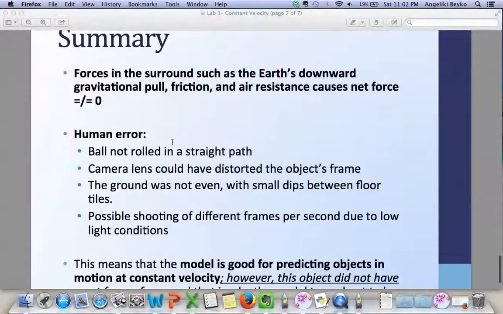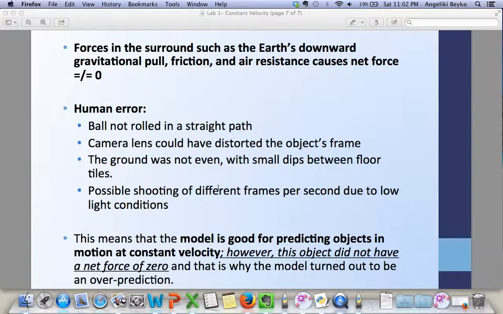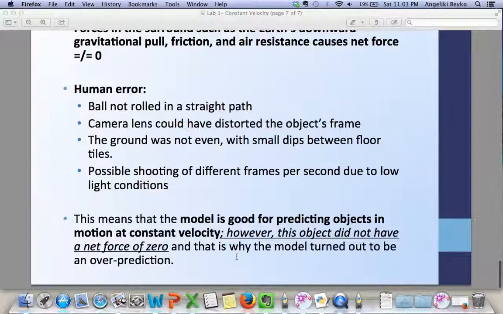The forces in the surroundings include the Earth's gravitational downward pull. The friction and air resistance could cause the net force to not equal 0. The ball might not have been rolled in a straight path. The lens could have distorted the object's frame. The ground might not have been even because there were dips between the floor tiles, and possible shooting of different frames per second due to low light conditions could have all affected this.